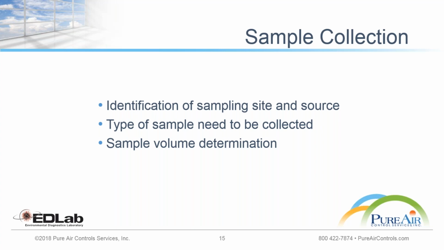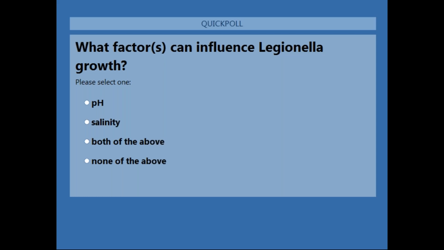Okay, so now before we go on and start talking about the different methods for sample collection, I'm going to go ahead and do another question for everybody. What factors can influence Legionella growth? pH, salinity, both of the above, or none of the above? Give everyone 20 seconds again.